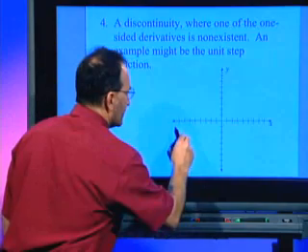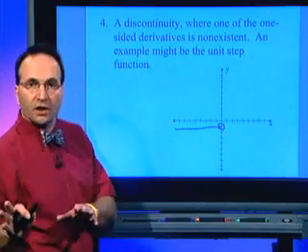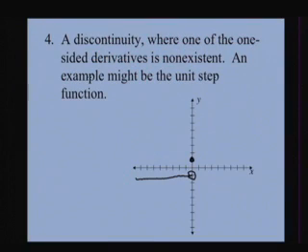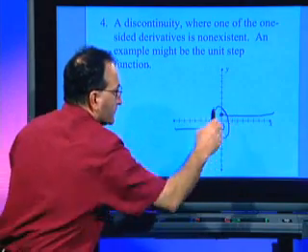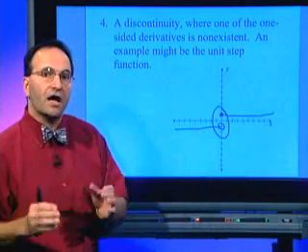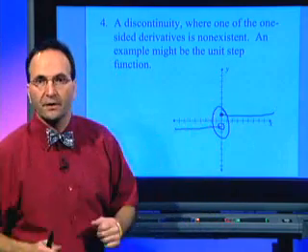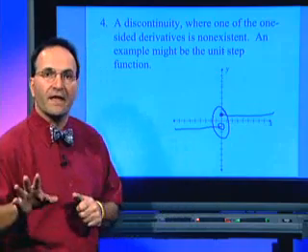It comes in, and there's an open circle at -1, and then it picks up at +1 and continues out in a horizontal line. Once again, there's a jump. There's a discontinuity here, and so the derivative fails to exist.